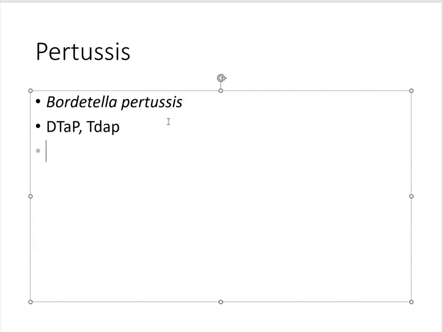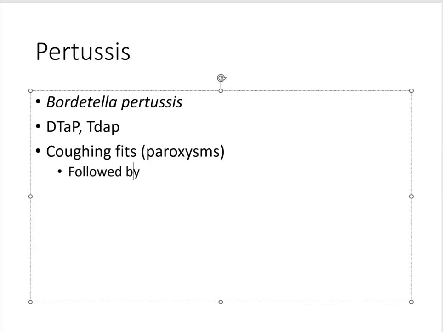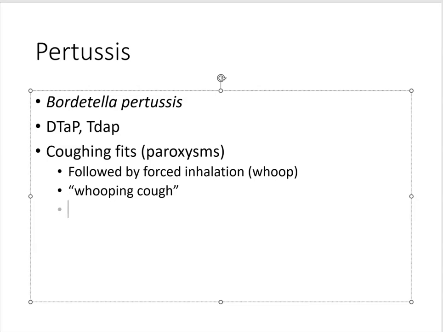And what it causes is coughing fits, known as paroxysms, followed by forced inhalation, which sounds like a whoop, which gives this the term whooping cough. Those coughing fits can lead to vomiting, broken ribs, and incontinence, especially in healthy young people.